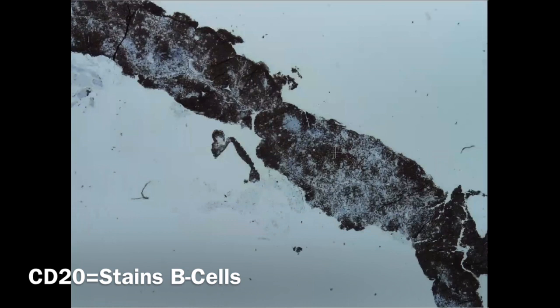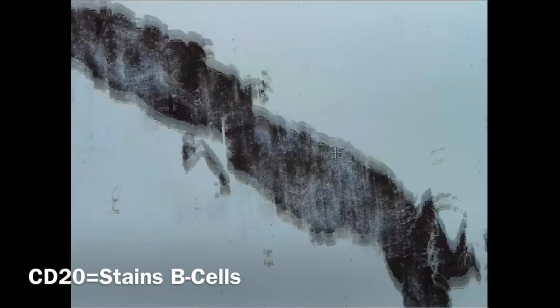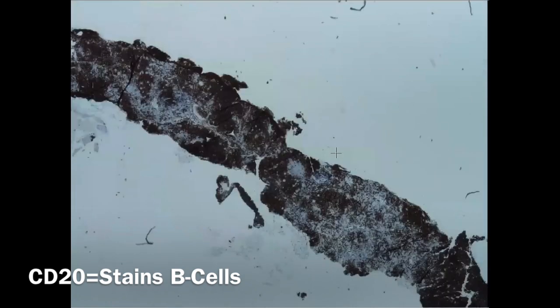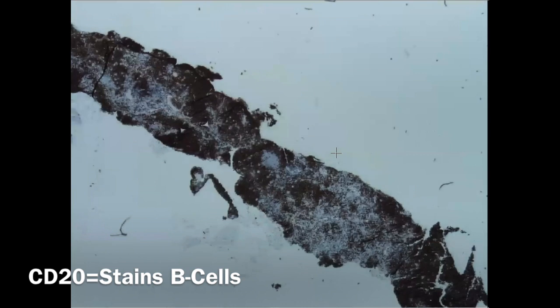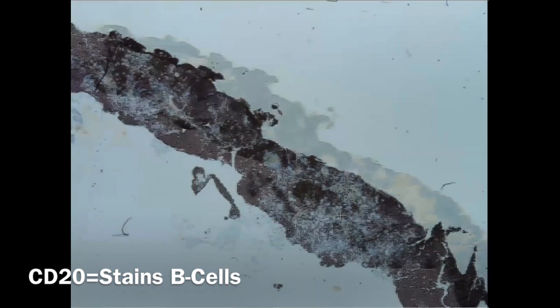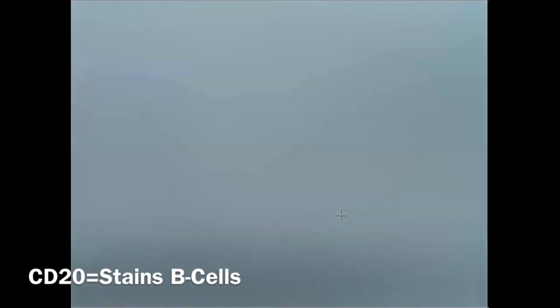So as you can see here, the CD20 is positive and it diffusely stains the B cells. We have clear areas with no stain, like these areas. This might be T cells or other background cells, but we have B cells.